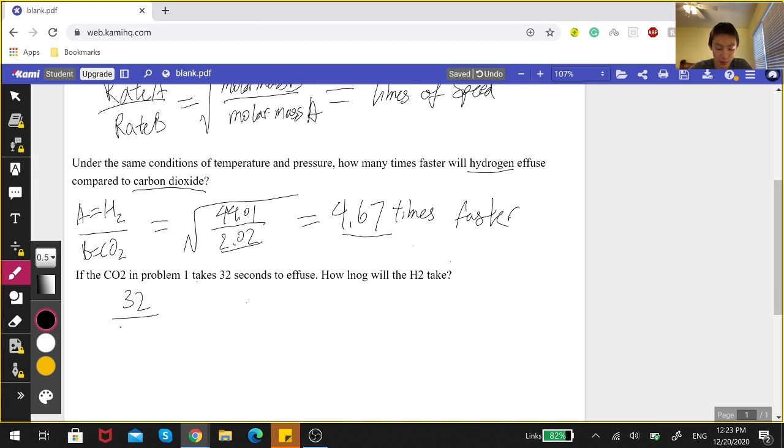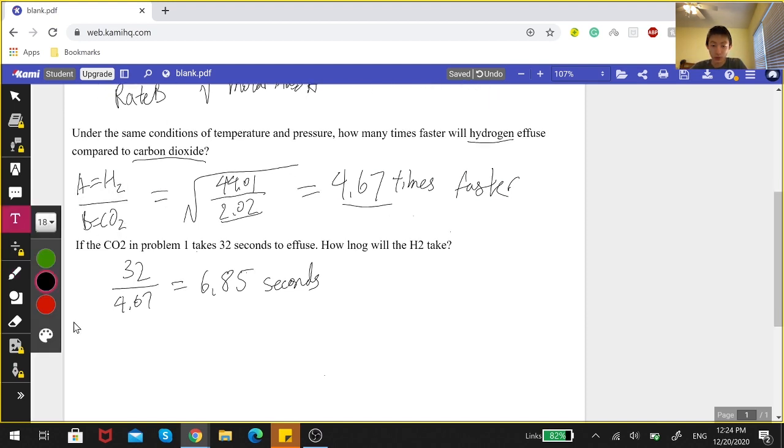We simply divide 32 by 4.67, which gives us about 6.85 seconds. This makes sense: hydrogen, because it's lighter, will travel a lot faster and diffuse in 6.85 seconds, whereas something heavier like CO2 will take 32 seconds.